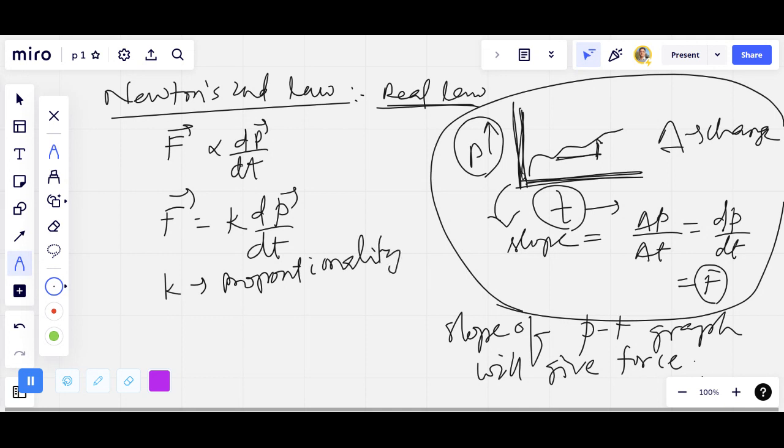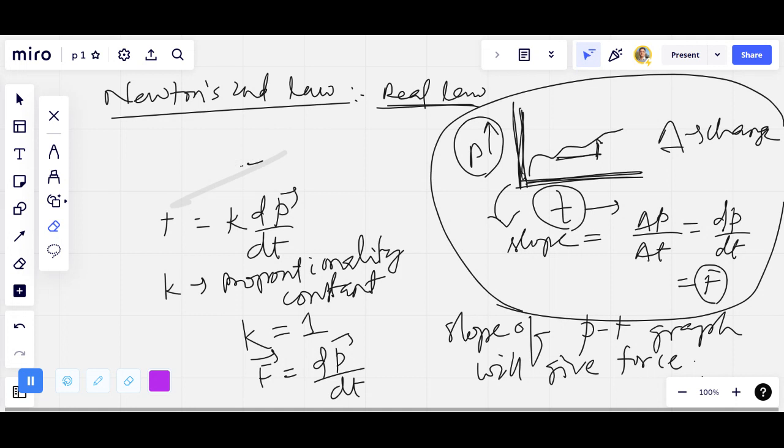Let us consider the value of k to be 1 for simplification. Then F will be dp by dt. Since momentum is a vector quantity, force is also a vector. So if I differentiate momentum with respect to time, I get force.